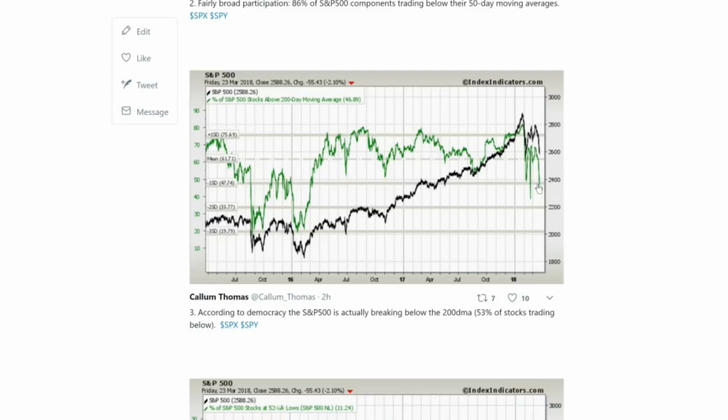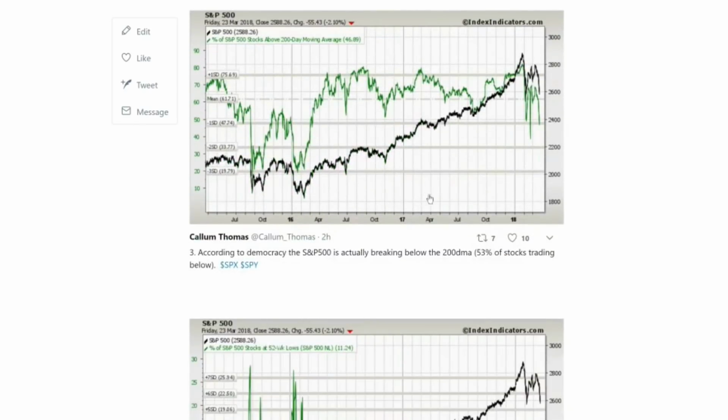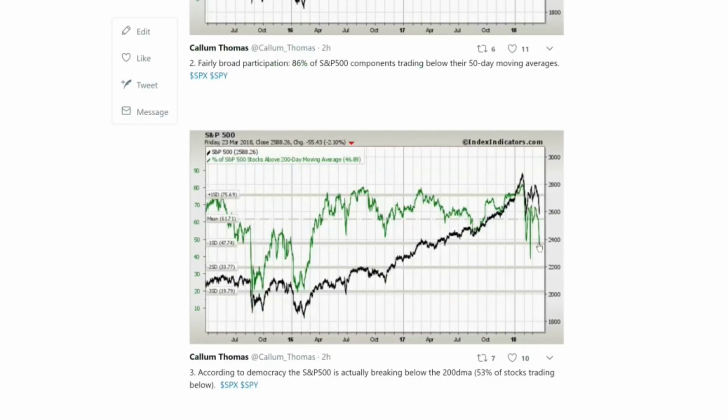A couple of things also to note on this chart. If you compare it against the 2015-16 corrections, it's still, I guess you could say, winning the war. It's clearly losing the battle on the 50-day, but still winning the war, or you could just say it's kind of 50-50. We'll come back to that.